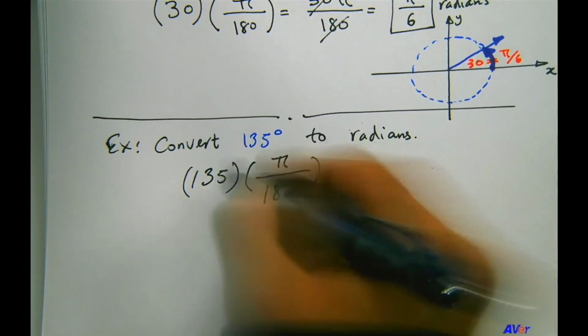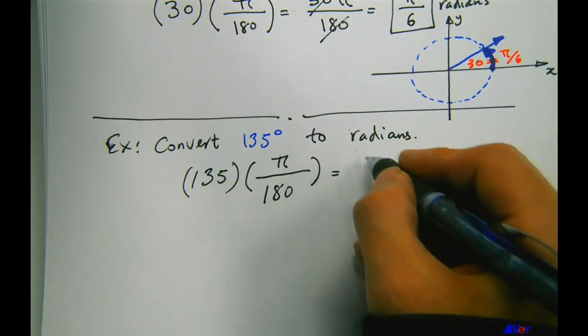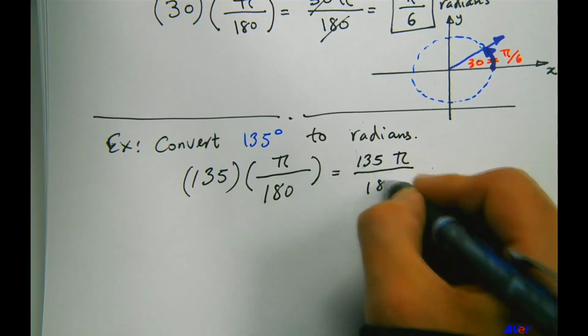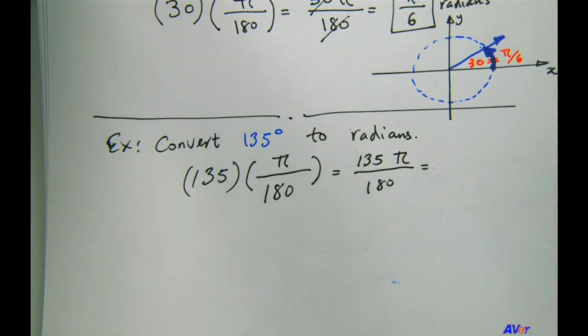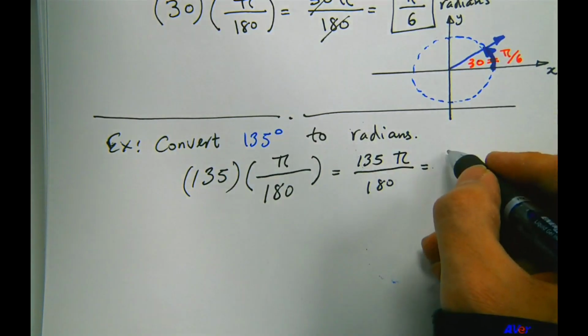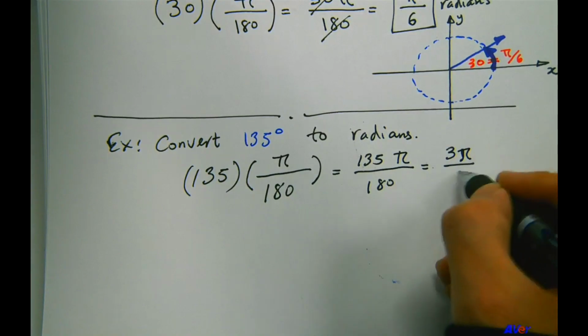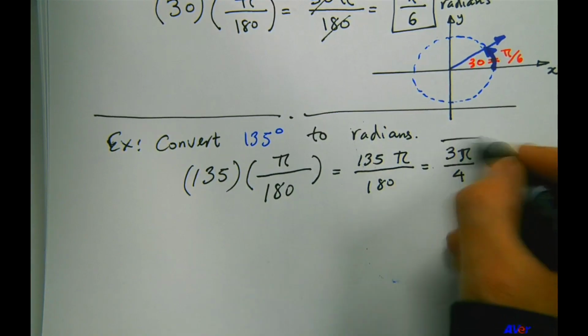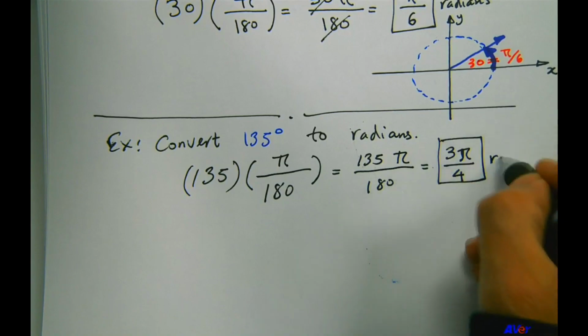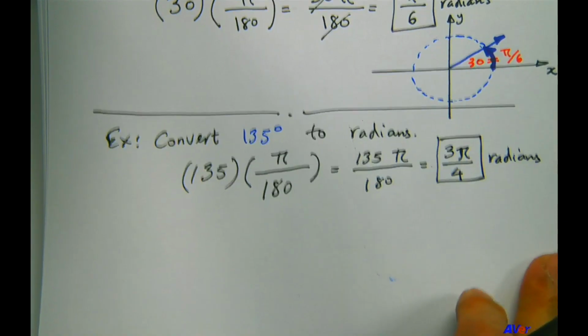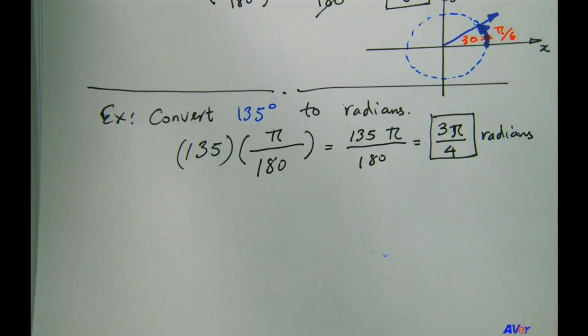So degrees and degrees cancel out. After simplifying, we are left with 3 pi over 4. And this is in radians. Okay, 3 pi over 4.